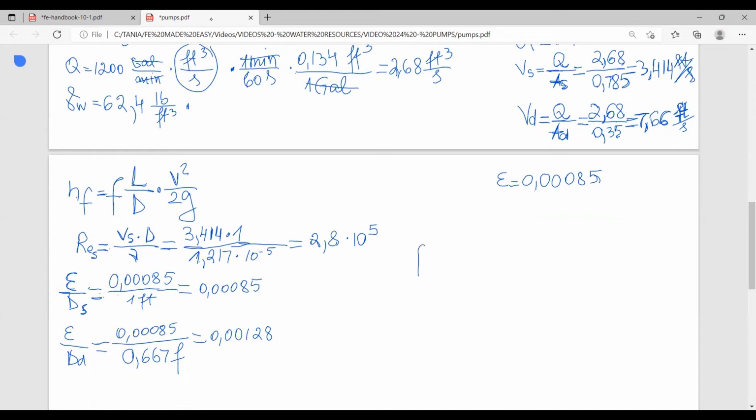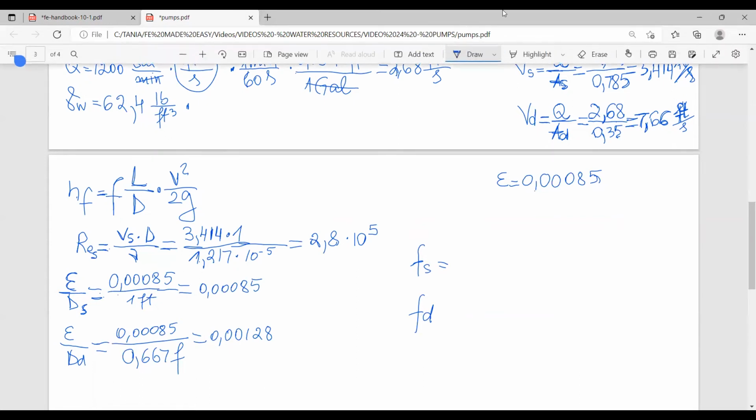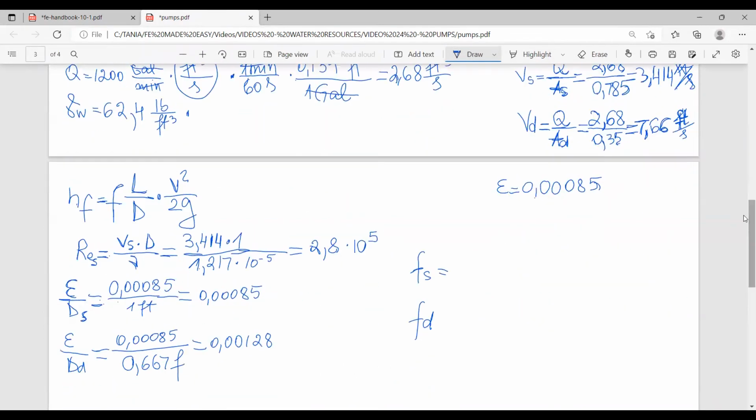Now with these values, let's think of suction. We have to calculate the friction factor for suction and then the friction factor for discharge. We have the Reynolds number in suction, but we have not calculated the Reynolds number in discharge. I think I just forgot.